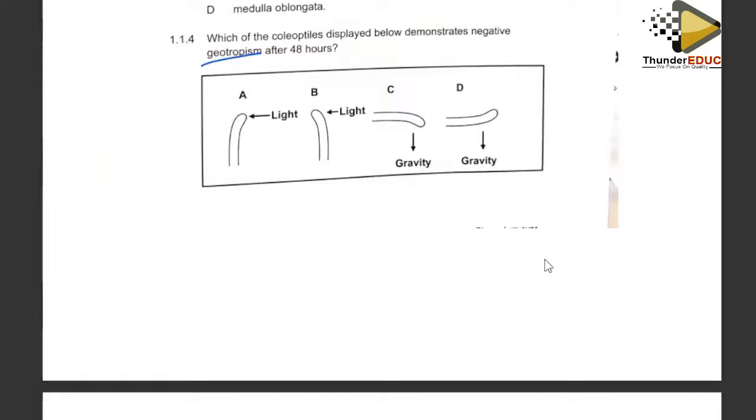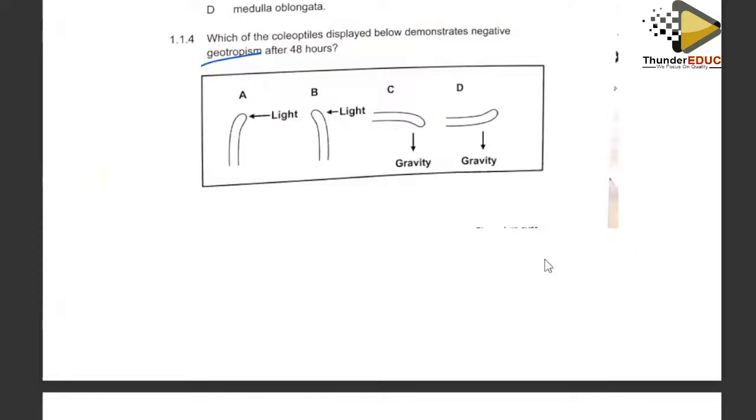When a shoot or a root bends towards the source of the stimulus, for example gravity or light or water or pressure, we call it positive. So since it is bending towards the gravity, it becomes positive geotropism.